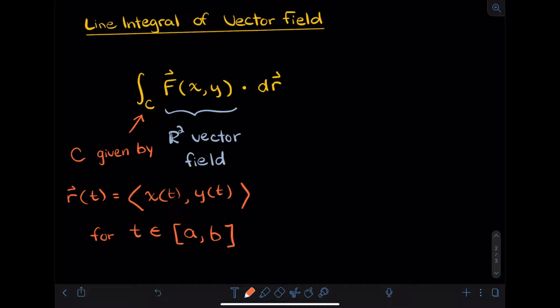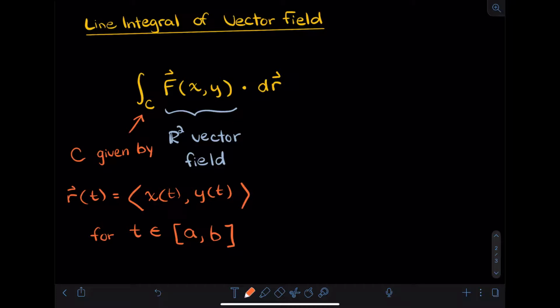We're introducing the parameter t, and we want to create two functions, rather, that represent the x values and the y values. And of course, we need to have the t bounds. We don't want the bounds to be in terms of x or y. We need it to be in terms of t. Now again, just like with the scalar fields, the exact way in which we describe C parametrically doesn't matter.